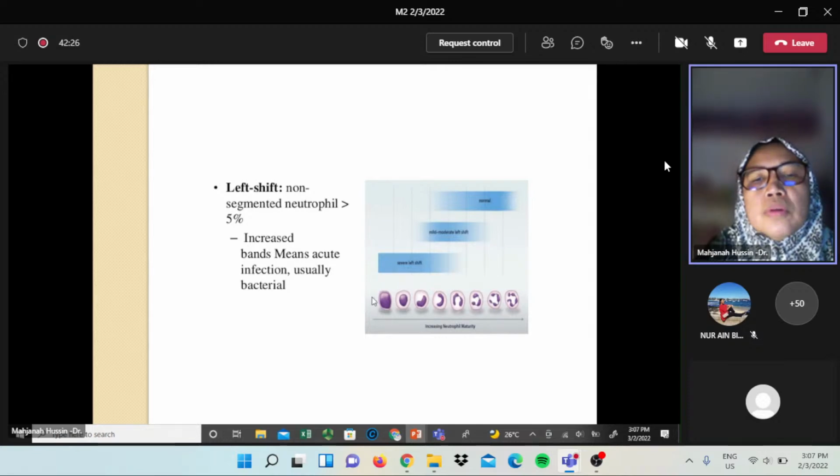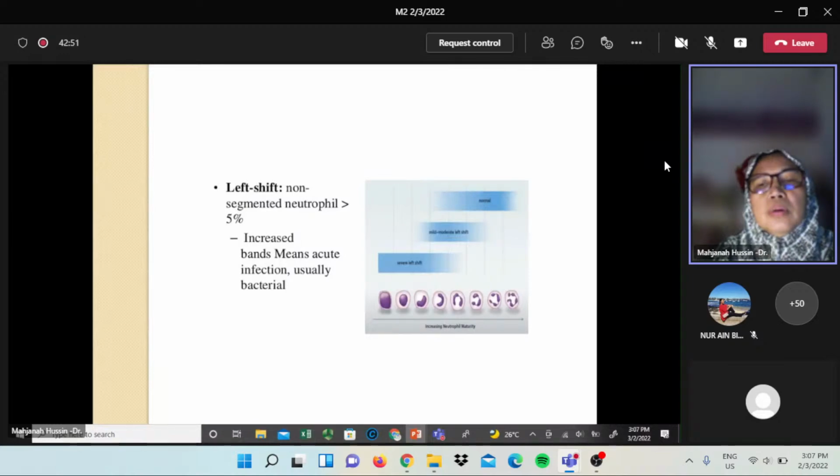So when you see neutrophil around this shape, there is infection going on. But if it's going to the right, the infection has already been cleared. So you need to know the concept of left shift for neutrophil count.